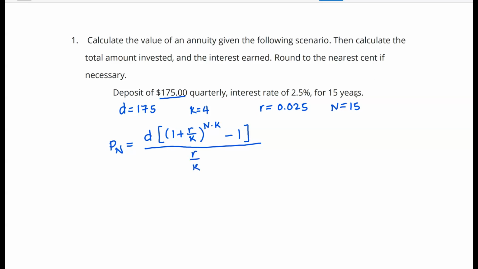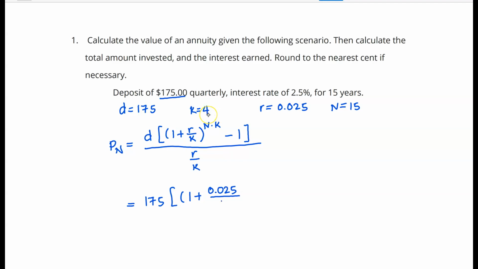So let's just plug in the information here to the formula. D is given by 175. So we have 175 times 1 plus our rate is 0.025. And then K, the number of compounding periods, is 4 because this is done quarterly.